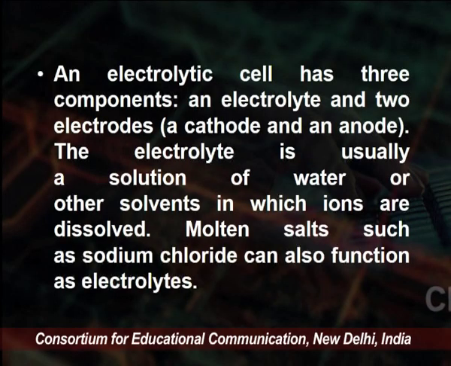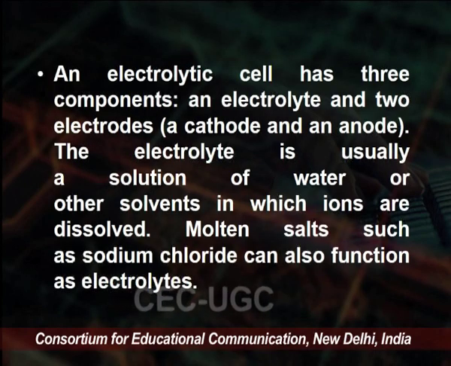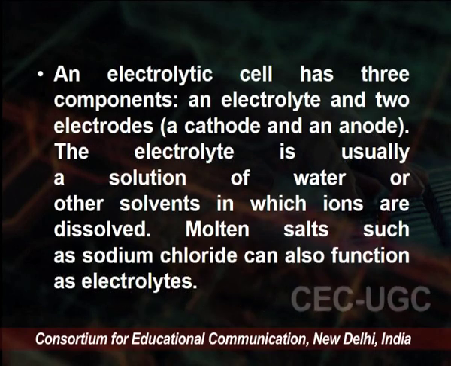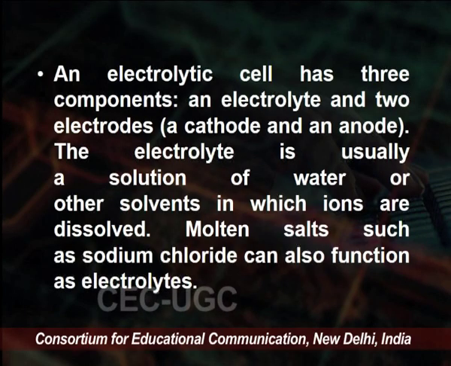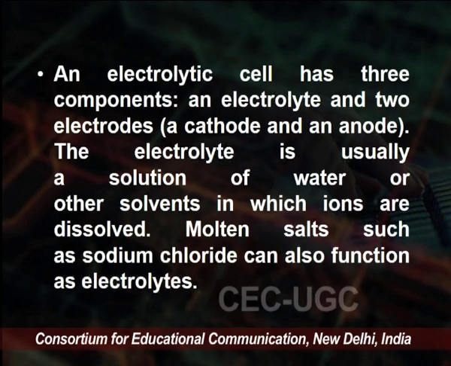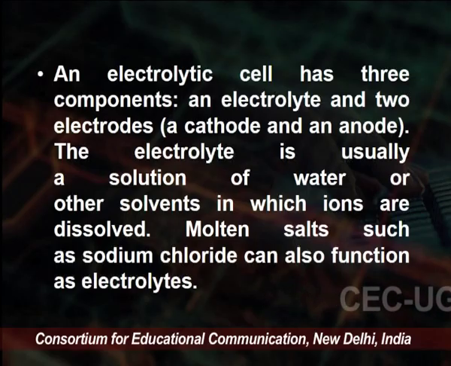An electrolytic cell has three components. Again, the same: we have two electrodes and one electrolyte. The two electrodes are the cathode and anode. The electrolyte is usually a solution of water or another solvent in which ions are dissolved. A molten salt such as sodium chloride can also function as the electrolyte.